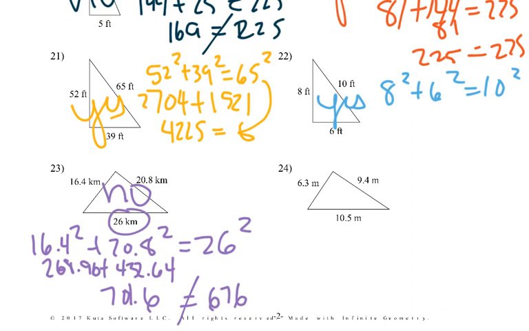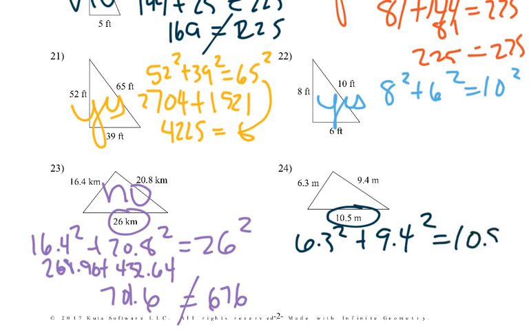And then 24 goes 6.3 squared plus 9.4 squared, does that equal 10.5 squared? Okay, 6.3 squared is 39.69. 9.4 squared is 88.36.